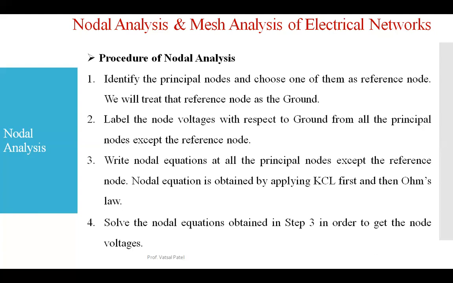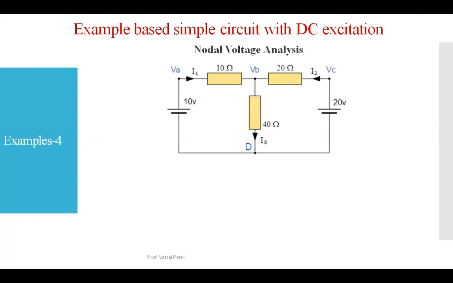See, the same example we discussed in the mesh analysis, right? The example question remains the same, but now we apply the nodal voltage analysis, and after applying it, we will identify the currents I1, I2 and I3. So the final answer of the current does not change.